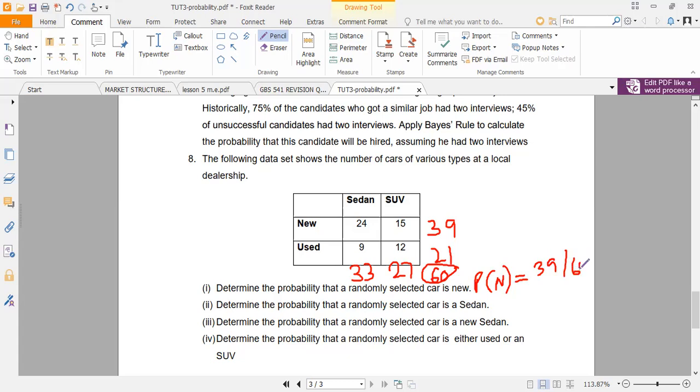Great. Then the probability that a randomly selected car was a sedan. Probability of sedan is 33 over 60. Good.